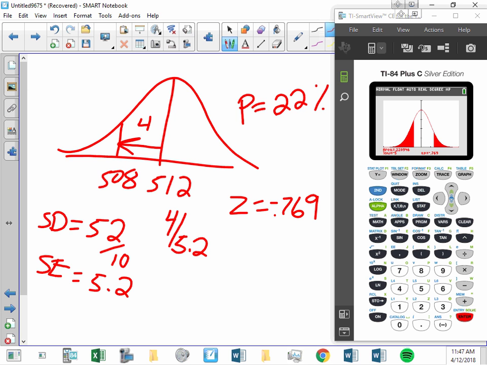The question was, did the weight lose some of its mass? No. This is totally explainable by chance error. So the new weight is not significantly less than the original kilogram.